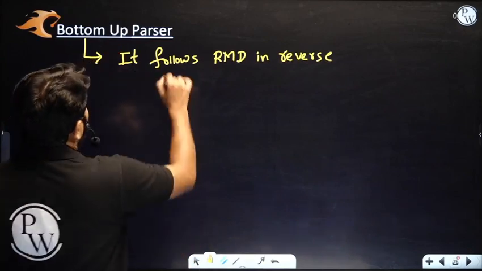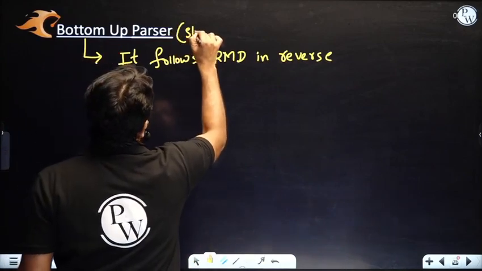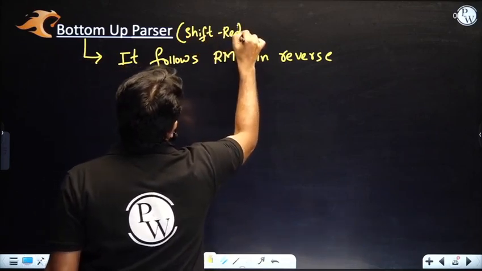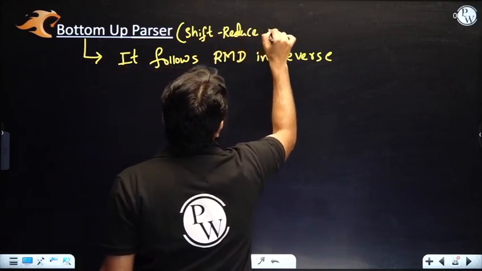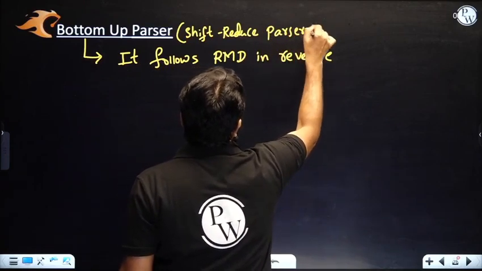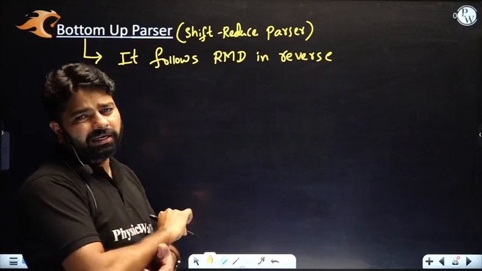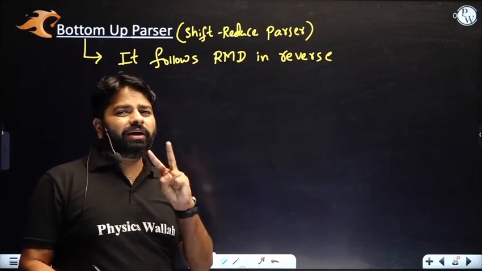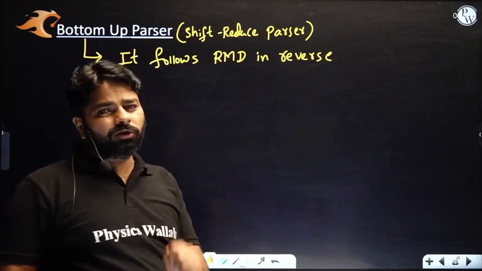The bottom-up parser is also called the shift-reduce parser. Why? Because we basically have only two actions, shift and reduce.